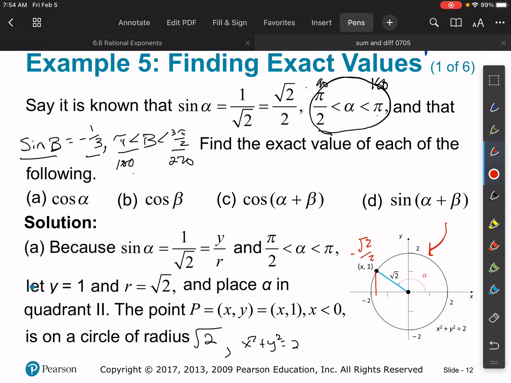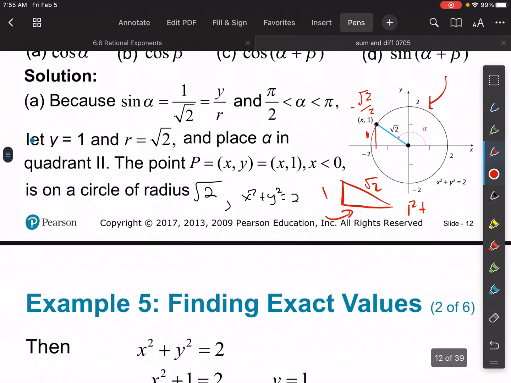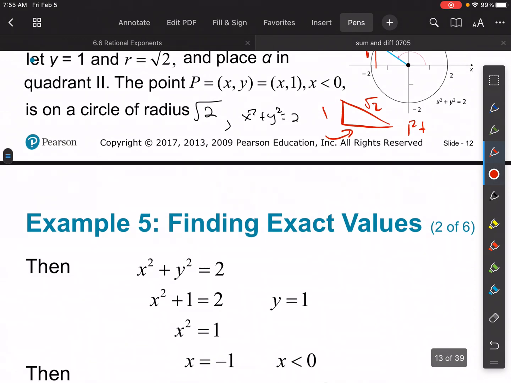Okay, so what I can do with that now is I can look at that triangle, right, where this is 1, this is the root 2, and I can try to find what this x value is. To do that, I can just simply say 1 squared plus x squared. Maybe I'll move down to the next page here. Well, here it is.